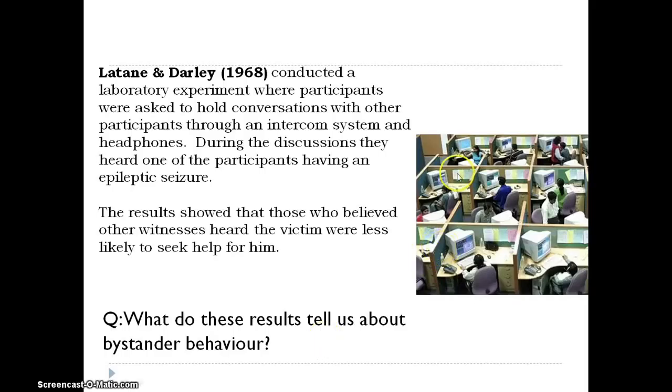If we think that other people are ignoring an emergency, then we're probably also likely to ignore that emergency. A perfect example is walking down a high street and seeing a homeless person lying in a doorway, seemingly asleep. They could be seriously ill, but if crowds of people are walking past, the majority of people don't stop and they keep walking.